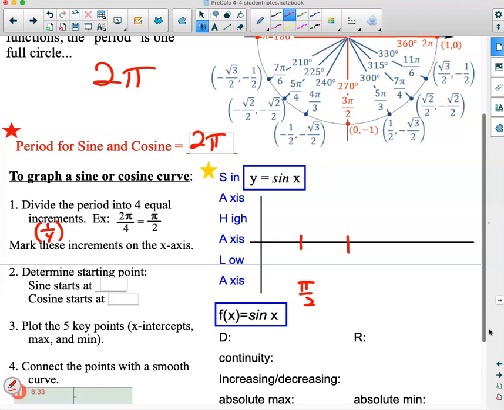So 2 pi over 2 would be 1 pi, 3 pi over 2, and 4 pi over 2, which is 2 pi. Now we know that it's going to go as high as +1 and as low as -1 by looking at those x and y coordinates as we go around. So that's going to be what I use on my y, a +1 and a -1.